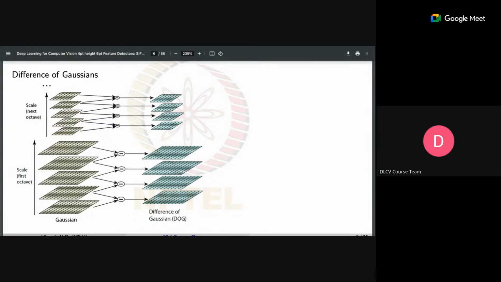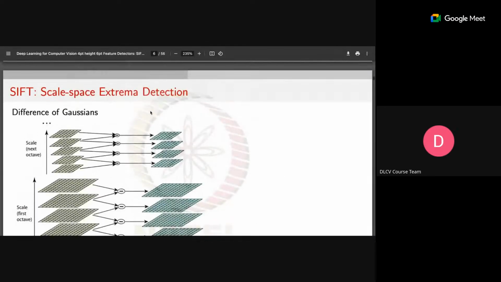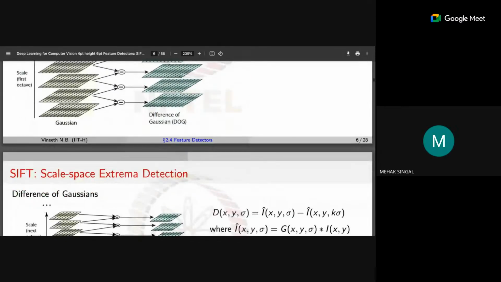Yes. So what I was showing is not the only step for this first part. You are calculating the differences of Gaussians, right? Yes, sir.